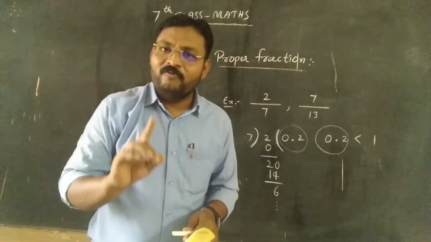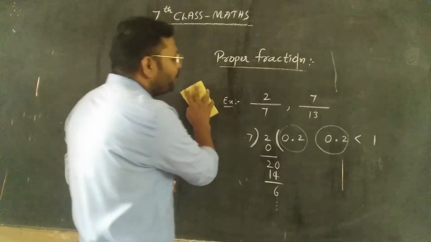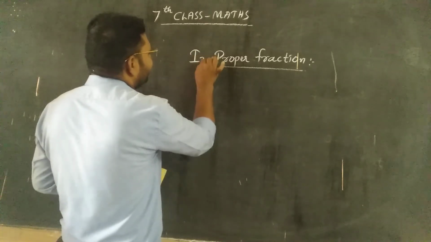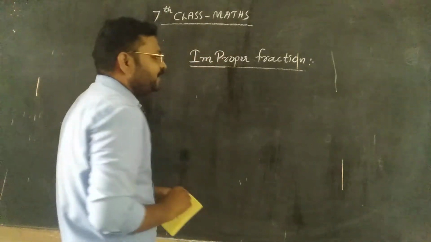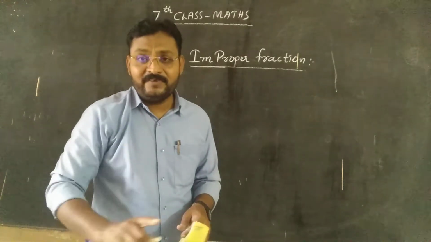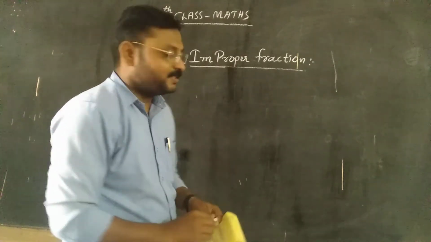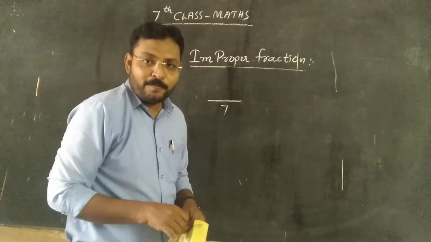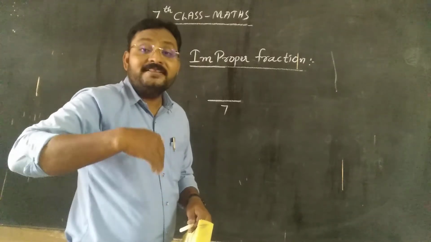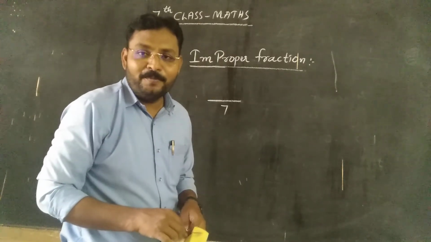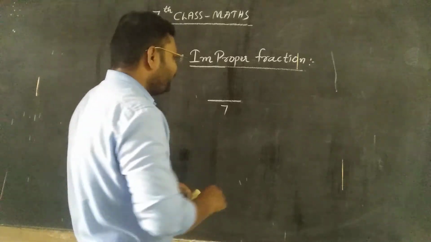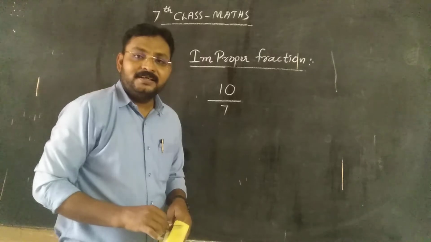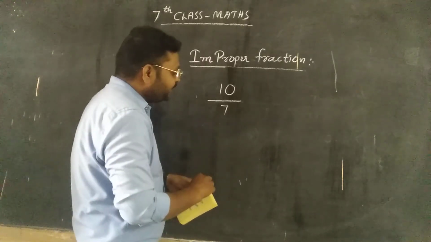And children, one more fraction, that is improper fraction. What is meant by improper fraction? A fraction in which the denominator is smaller than the numerator. This is the denominator, children.